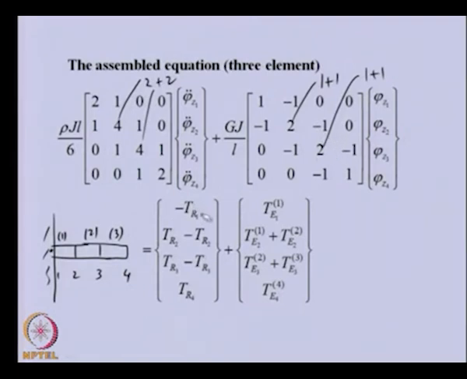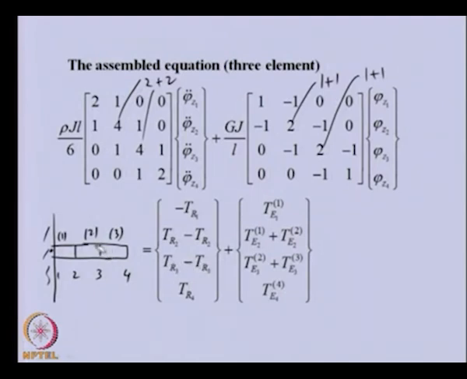in torque we will be having 2 common nodes, that is node 2 and 3. So, we will be having contribution from element 1 and 2, they will cancel each other during the assembly because they are reaction torque, and similarly at node 3 they should cancel each other because this is a reaction torque.